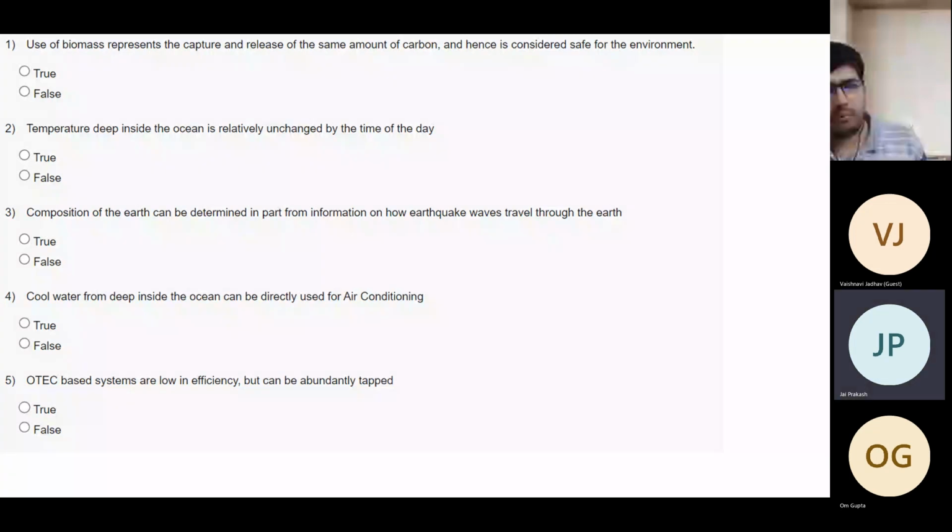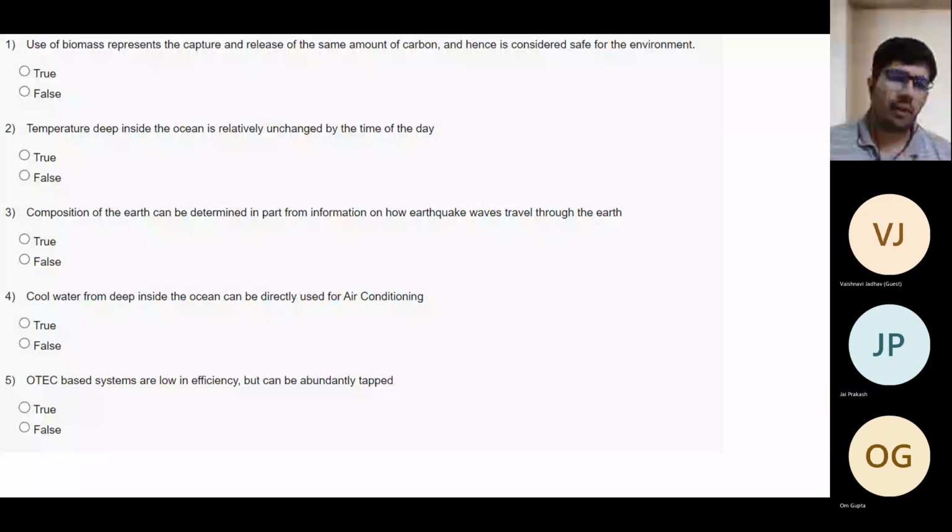Yes, the statement is true, because we are having so much of water. The only issue is that efficiency is low. So maybe in future with different systems we can increase the efficiency also, and we will look into the system that can be installed easily.